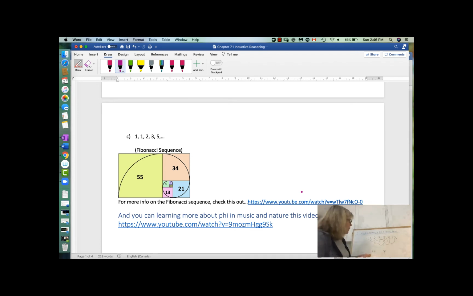In fact, there are 8 white keys in an octave, and there are 13 keys counting the black keys, and 5 black keys in between those 8 white keys. So even the piano has the Fibonacci sequence in it.